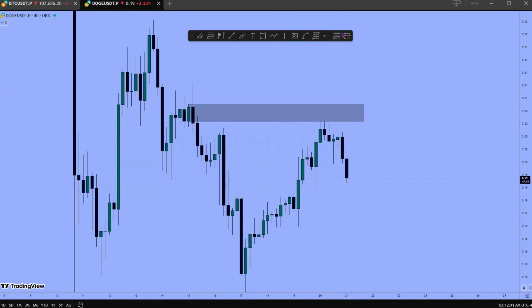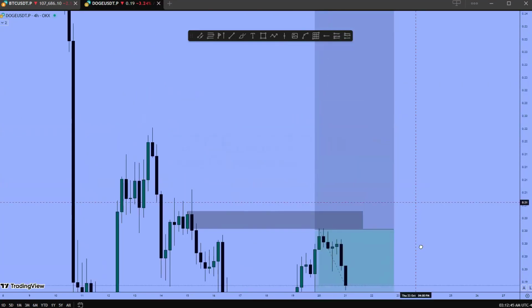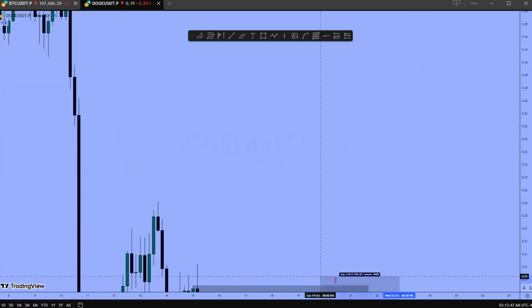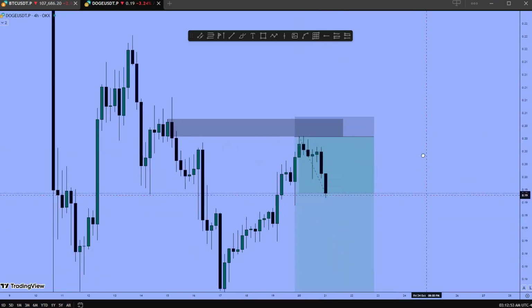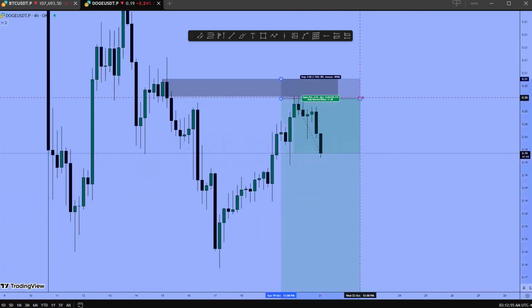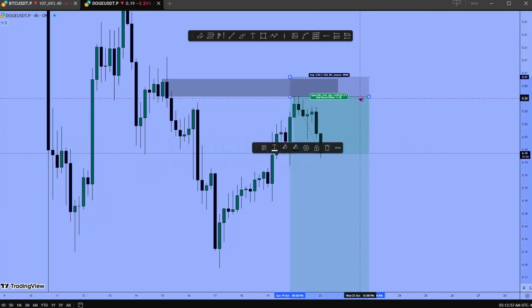Then this point becomes my stop loss. Yeah, price tapping it.